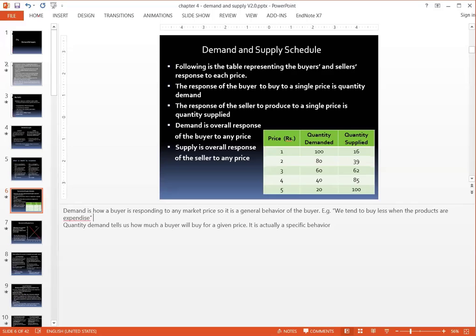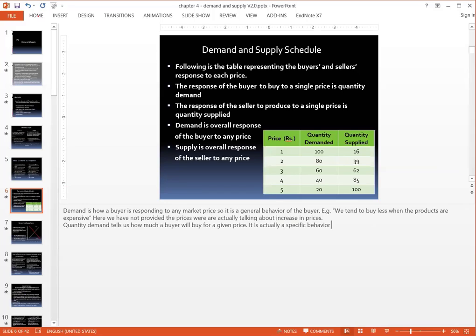Here we are not actually talking about what the price was. It is actually when the prices are increasing. So here we have not provided the prices. We are talking about an increase in prices.